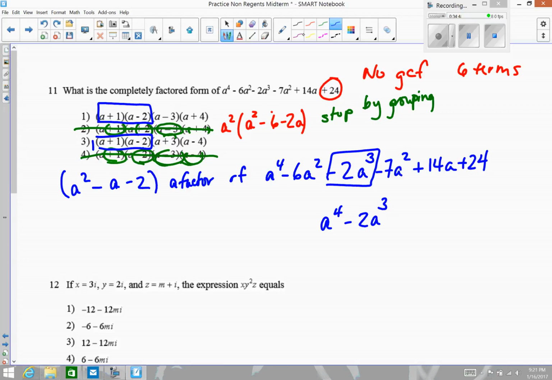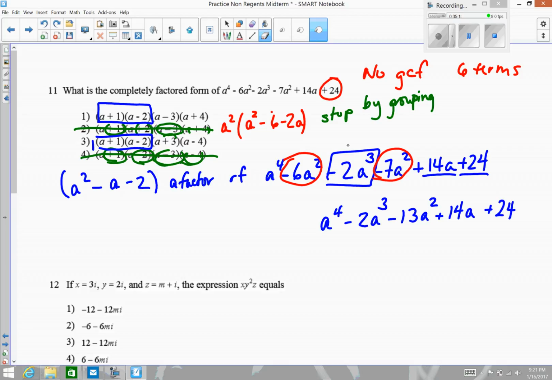My a squared terms are negative 6a squared, negative 7a squared, which gives me altogether negative 13a squared. And then I have this 14a and the plus 24. That's my polynomial after I've combined all like terms.